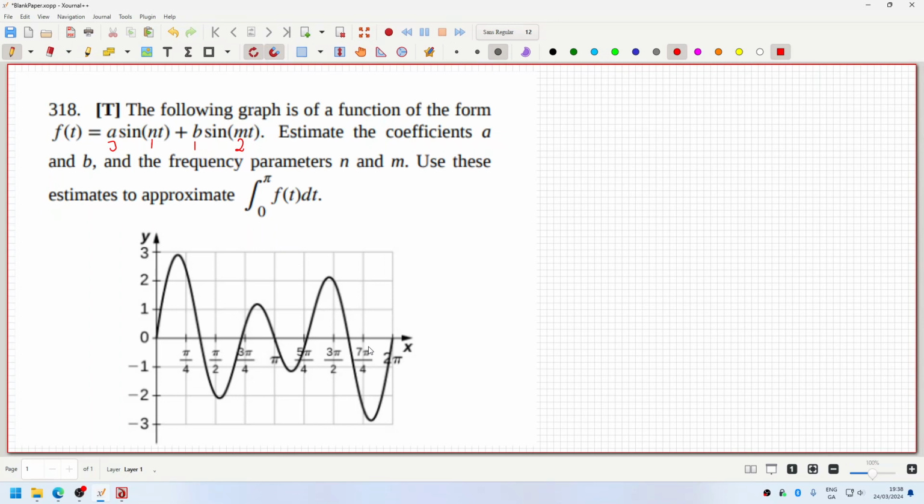Yeah, let's try and think about this. It hits, let's say roughly 3, and then -2, and then 1, and then -1, and then 2, and then -3.